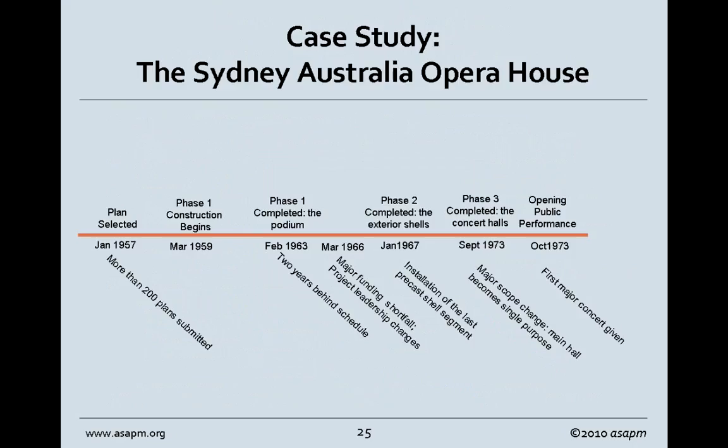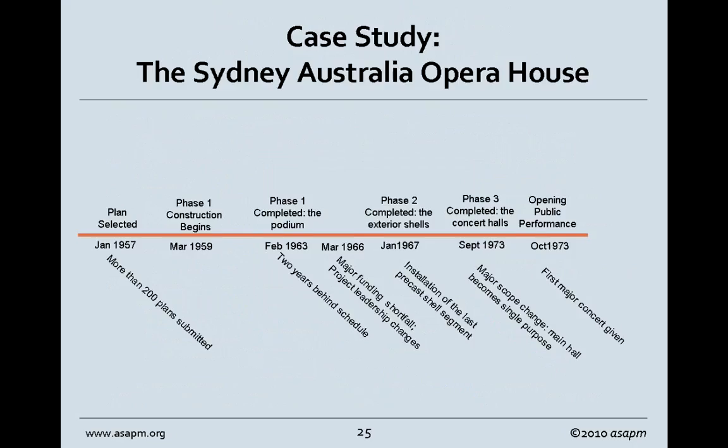That is, it was supposed to be configurable to different types of music, symphonic music, operatic music, etc. And they changed that and made it a single-purpose main hall. And then the first major concert was given in 1973. This is all taken directly from the Sydney Opera House website. So this is an interesting view.